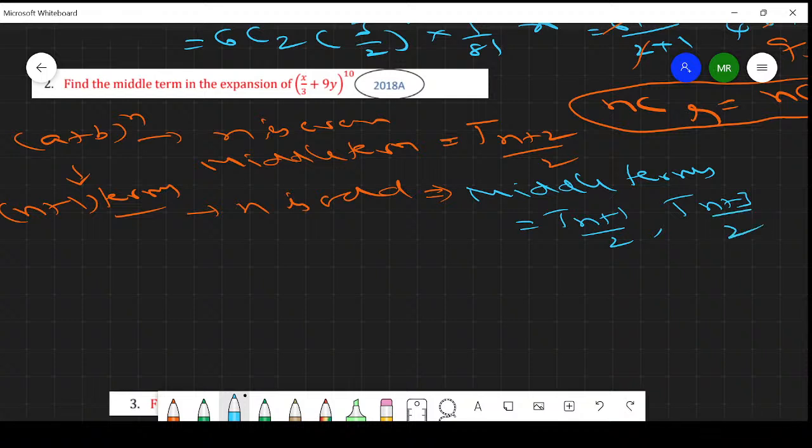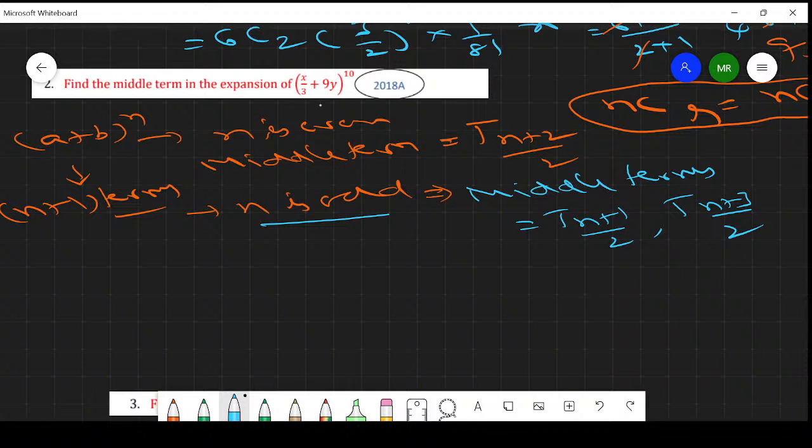Whenever n is odd, we get 2 middle terms. When n is even, we get only 1 middle term. Remember, when the power is odd, the middle terms will be 2: T of (n plus 1) by 2 and T of (n plus 3) by 2. For even, it is T of (n plus 2) by 2.